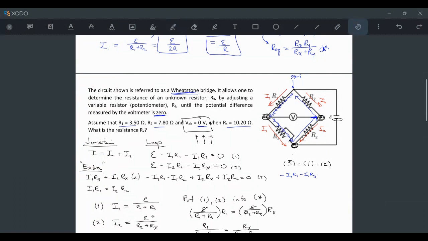When we encounter this bottom here, we said we're going to follow the loop back up. This time we encounter Rx. This time we're moving in the opposite direction as I2. So if you follow the little rule I just mentioned, potential goes up. And we do the same thing. We encounter R2. We're moving in the opposite direction of the current that flows through R2. Potential is going to go up. I2, R2. And we're done. So we're kind of back at the start.